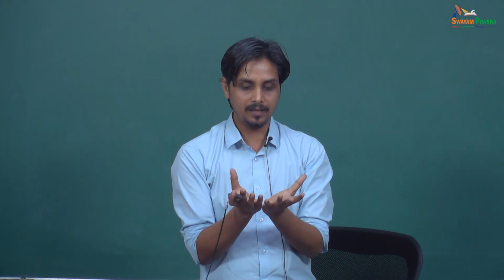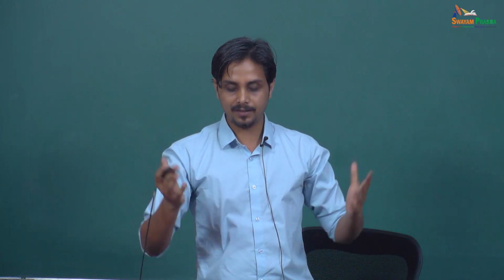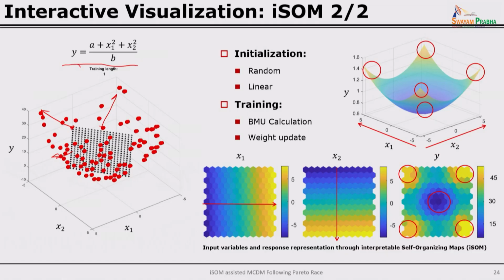The black nodes will take the shape of the red color data points, and the corresponding visualization we can see here. Your bowl shape function has 4 maxima at the corners and 1 minima in the center, and we have clearly captured this here. In this case, y is the output function, and we are able to capture the trend and the topology of the function.